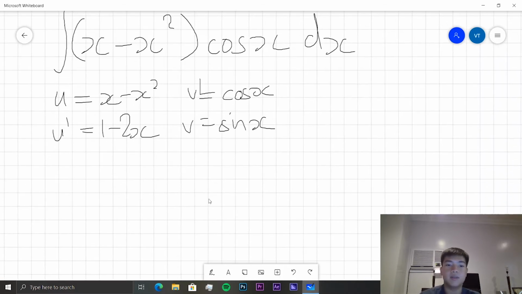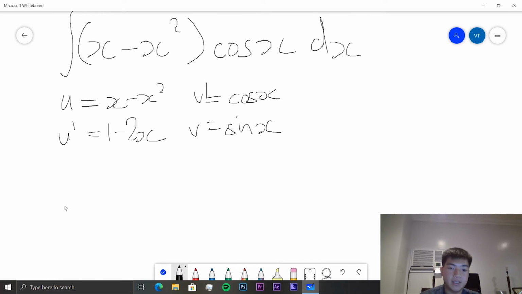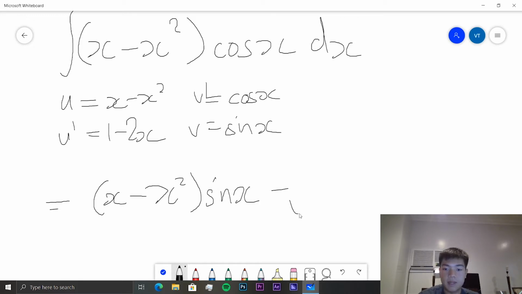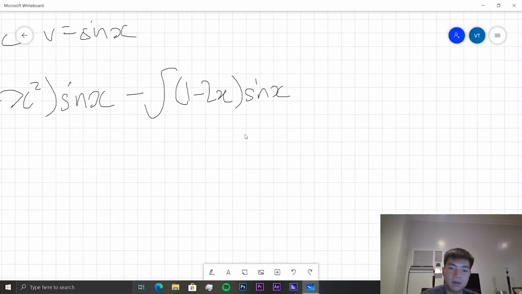So we have this is equal to x minus x squared sine x minus the integral of 1 minus 2x times sine x. And so we need to integrate the second one by parts again.